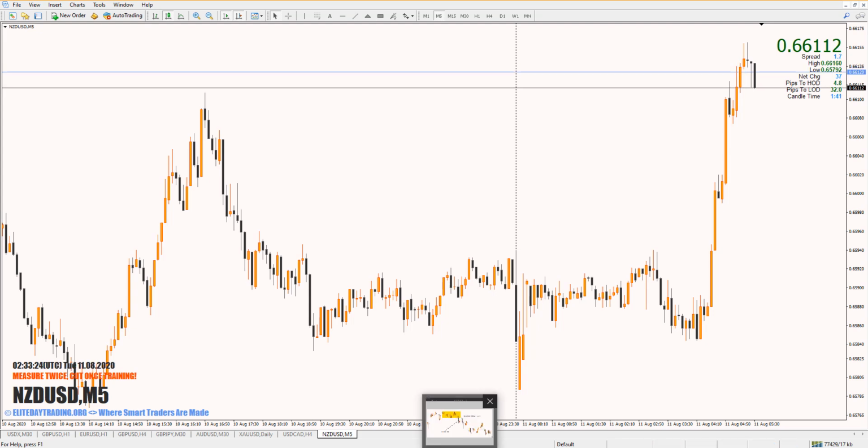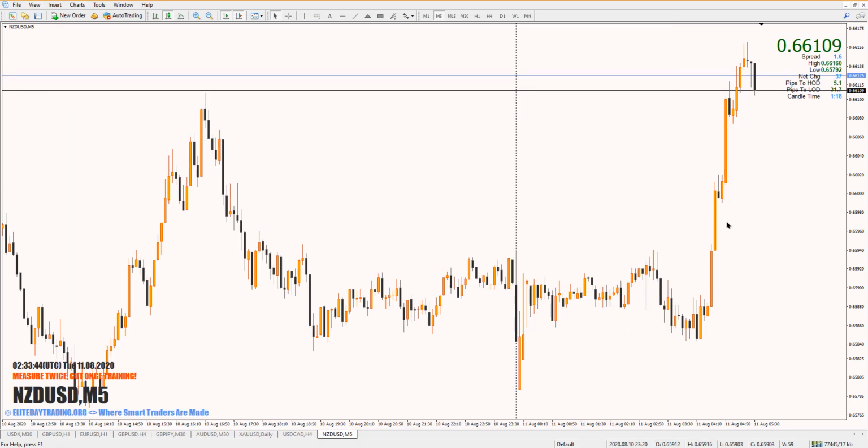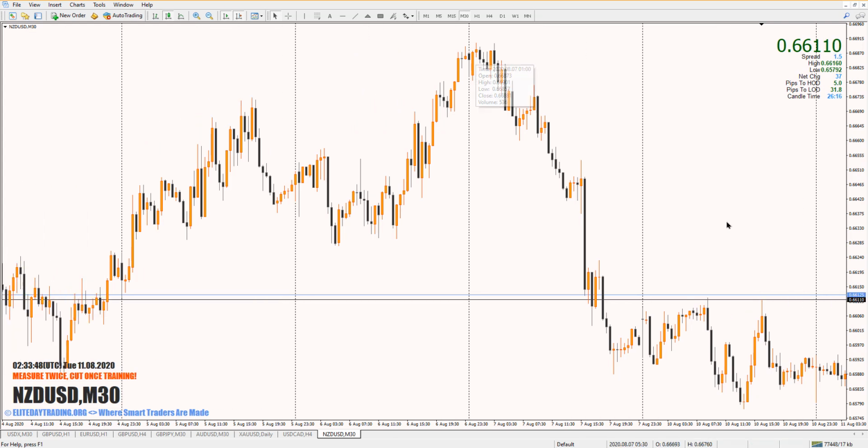This is the kind of sketch that I just drew out and put into the Telegram group. You can see there's our area of sideways consolidation, which is basically your retail type of terminology. Essentially what this is, is a distribution zone, and this was actually at the high that was presented, I believe, somewhere up here.